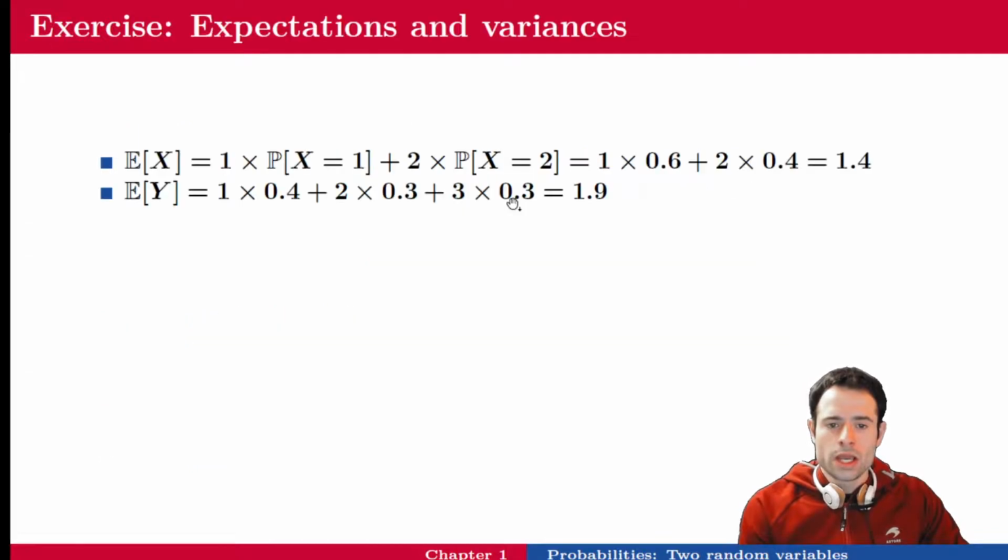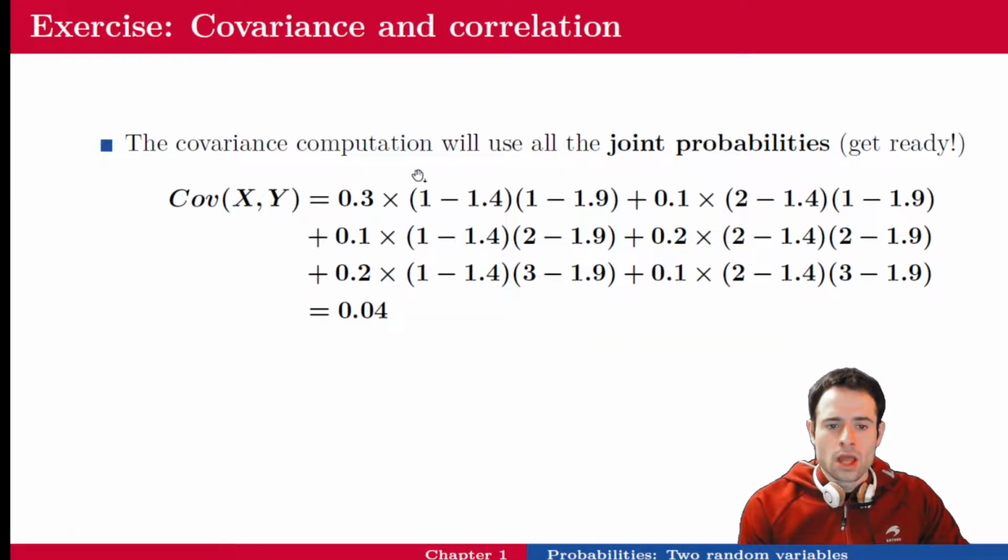So, in my formula, I will have 0.3 times, here 1 for x minus 1.4, and 1 for y minus 1.9. Then this 0.1 corresponds to the case where x is equal to 2 and where y is equal to 1. So 2 minus 1.4, 1 minus 1.9.